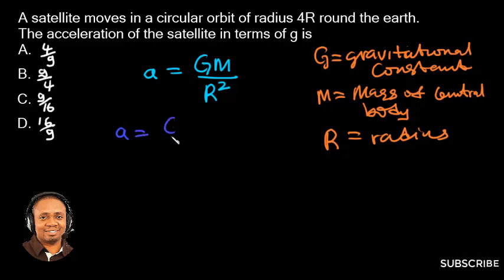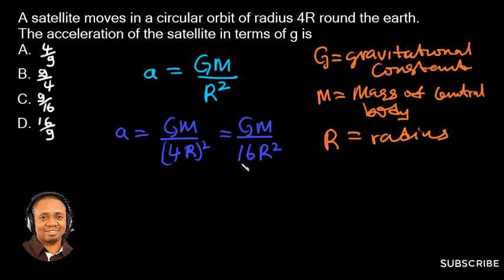So we have GM over 4r squared. Now we have GM over 4 times 4, or 4 squared is 16, then r squared.